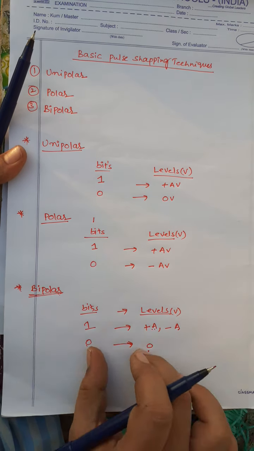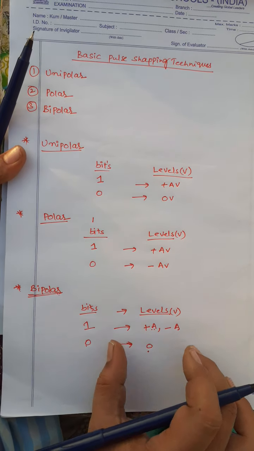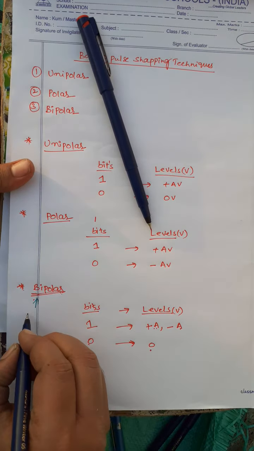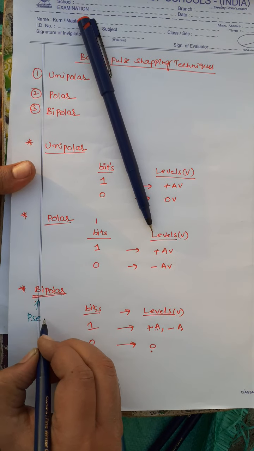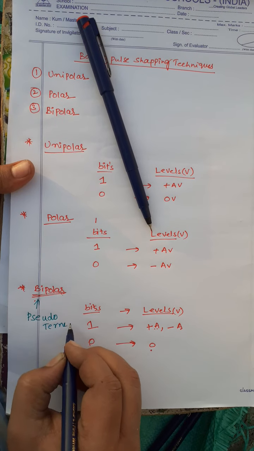Because it consists of three voltage levels, this method is called pseudo ternary code.